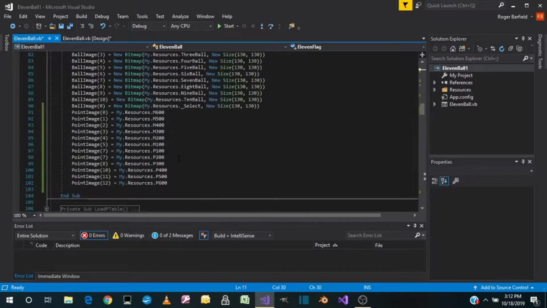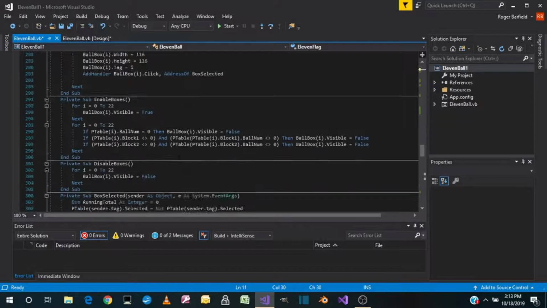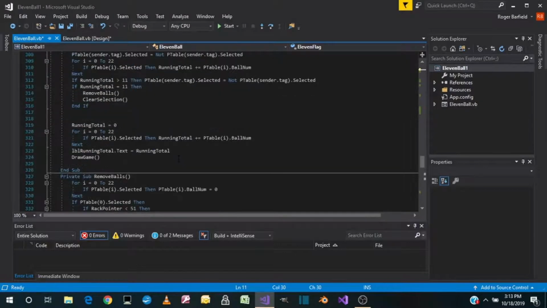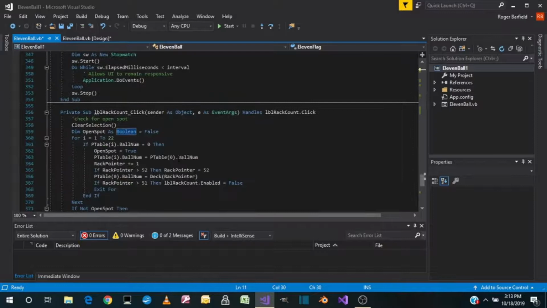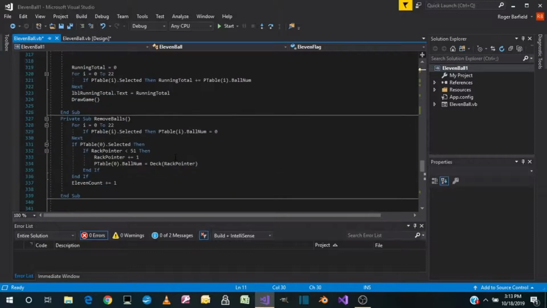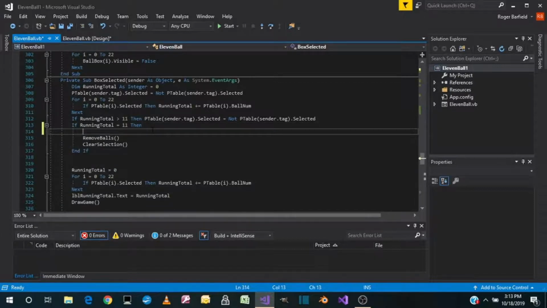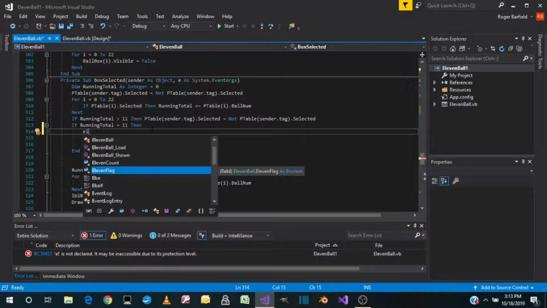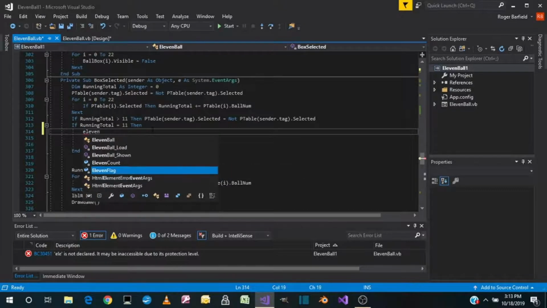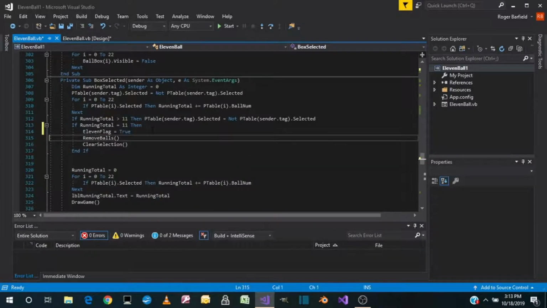When we go down here to our select balls, when we determine if there's an 11 there, where'd it go? Ball selected. There you go. If running total equal 11, then 11 flag equal true. And it's preset at the very beginning to false.